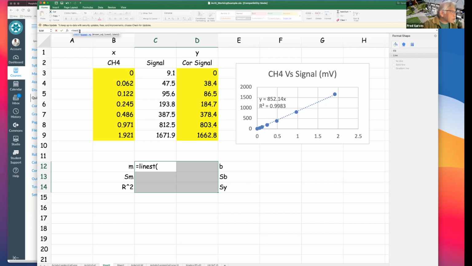So after I put left parentheses, I'm just going to move my cursor and highlight my known y's, and then release. That's D3 down to D9. Then I'm going to put a comma, and then I'm going to put my known x's, B3 through B9. I could also just type it in, but it's easier to just highlight it.